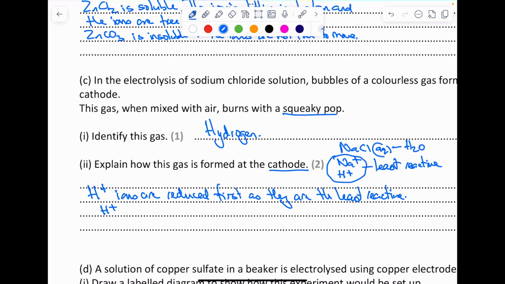So we have 2H+ + 2e- goes to H2. Remember that hydrogen is diatomic, so therefore you need 2 electrons and 2 hydrogen ions. And we can say here in words, the H+ ions gain electrons to form hydrogen.